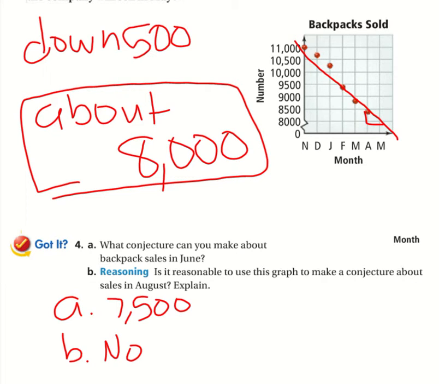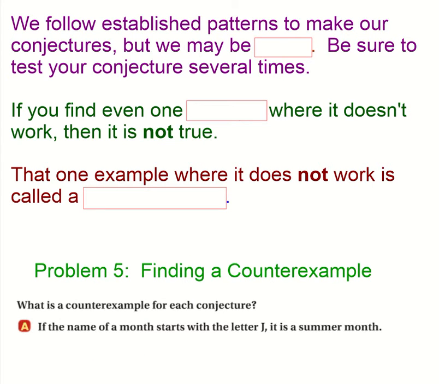A lot of times we know certain things about a variable or a situation, that maybe this pattern is not going to continue down, where we know there are going to be times where it's going to jump back up.